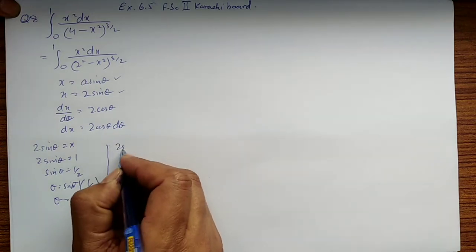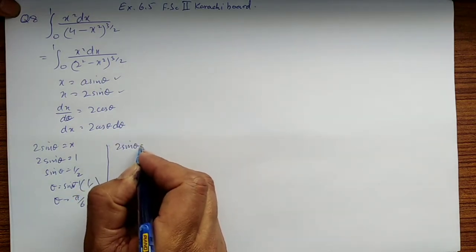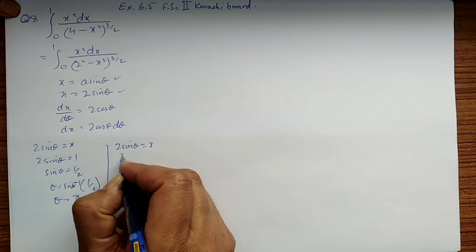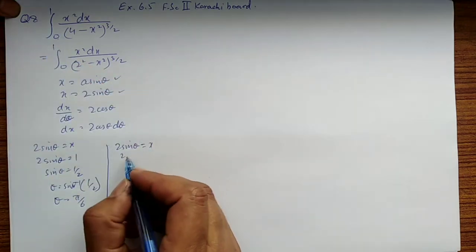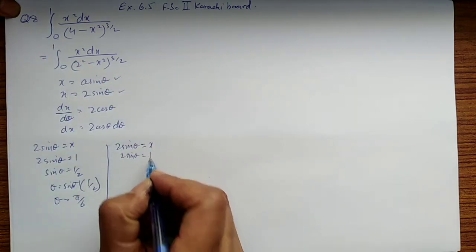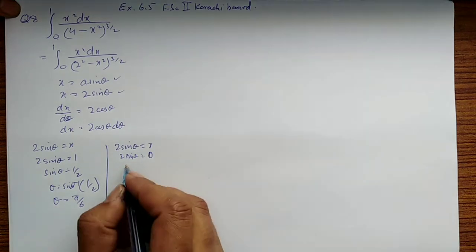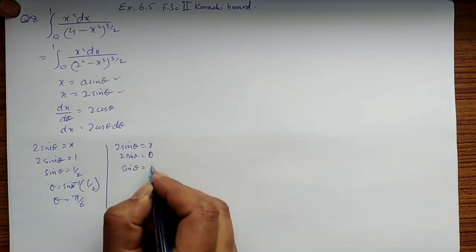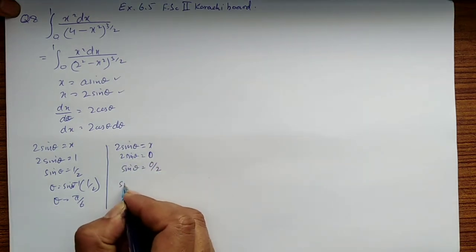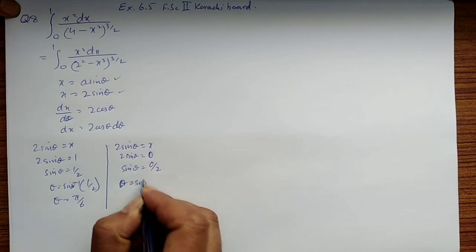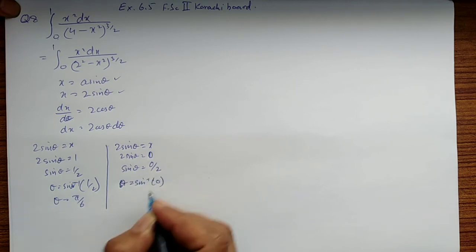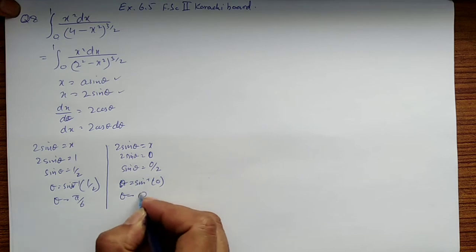And for the lower limit, 2 sine theta is equal to 0, sine theta is 0 divided by 2, and theta is equal to sine inverse of 0, that is 0.